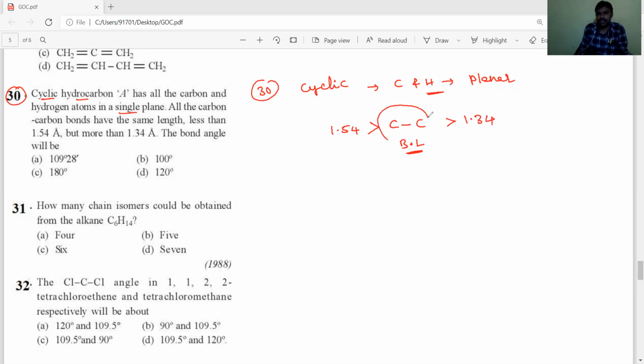Means in between these two, maybe 1.39 angstroms, that is benzene. That is a benzene molecule.